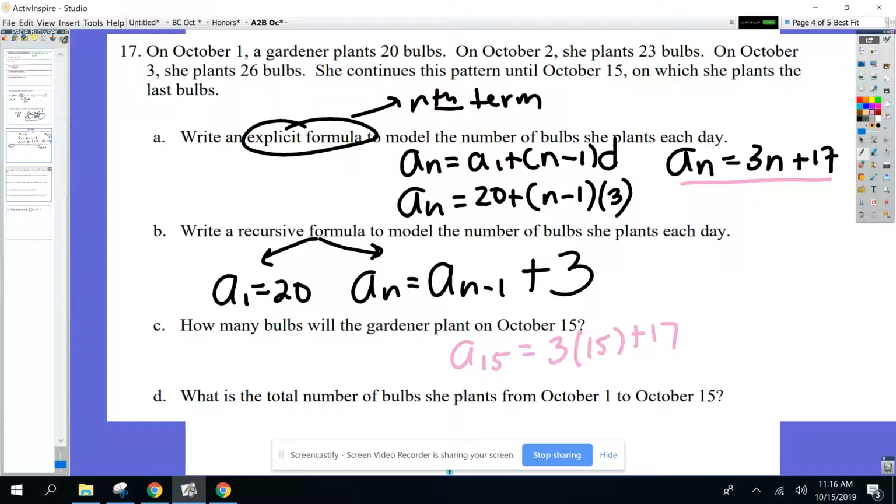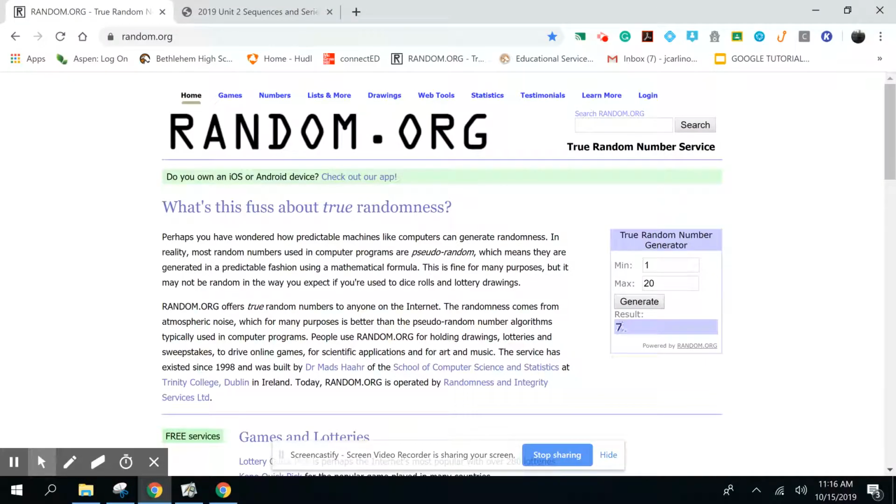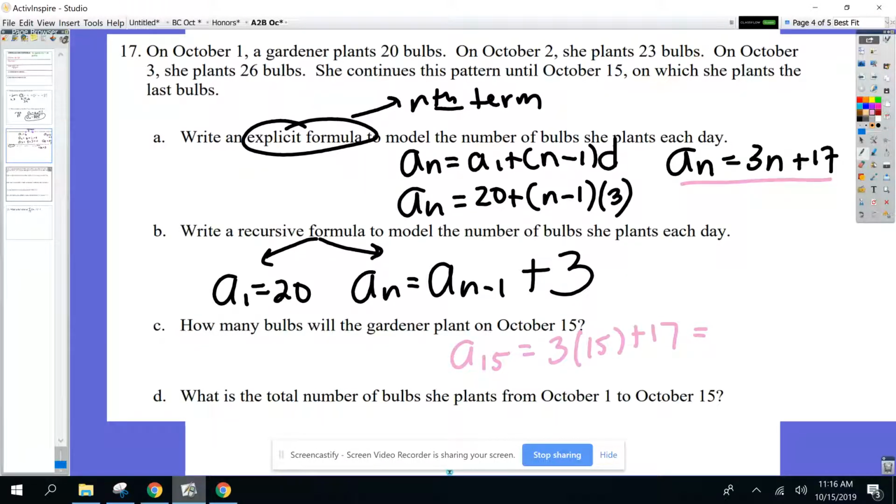What's up, Ashley? Why 13? All right, start on the first, so, okay. How many on the 15th day? What'd you get? How many on the 15th day? 62. Thank you. Anything else?